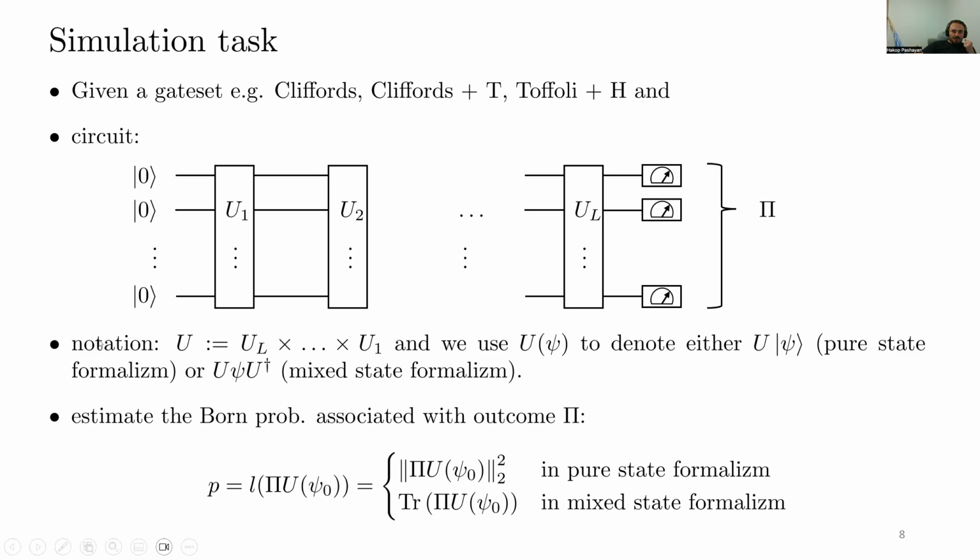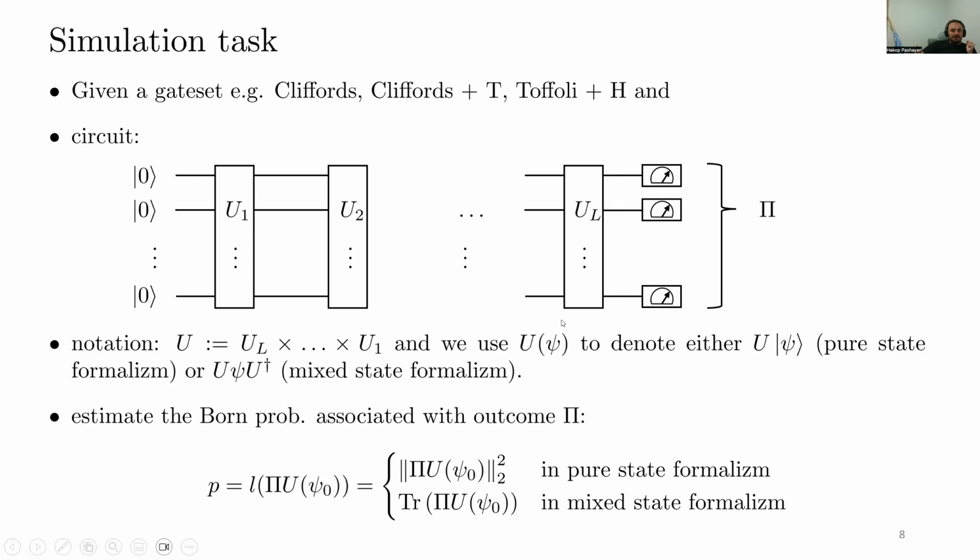And so just some notation here. I'm going to use U to denote the product of all these unitaries. And also, I'm going to be agnostic here about whether I'm working in the pure state formalism, where psi is a ket, or in the mixed state formalism, where psi is a density operator.